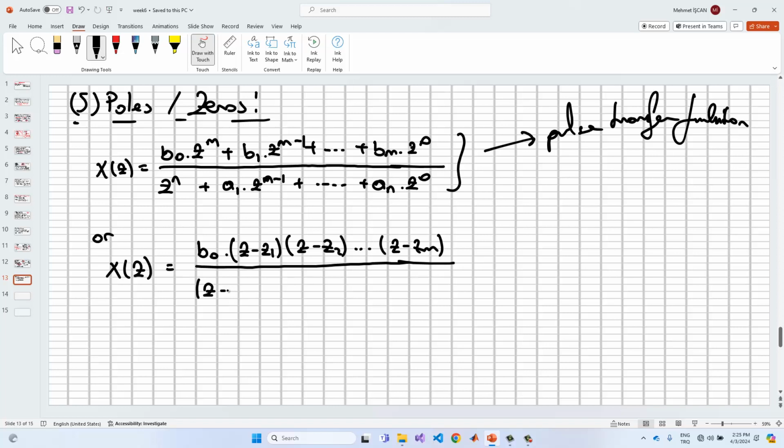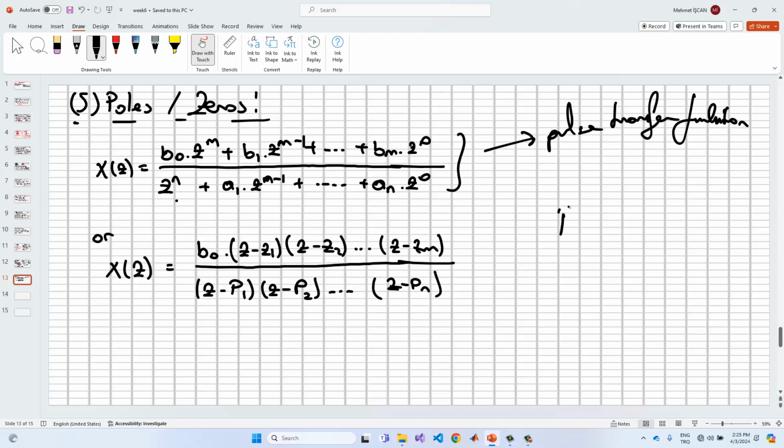Zm. Why? Yes, we have an m order value in here, and so this equals to what? Pn. Why? It's the n order equation in the denominator.